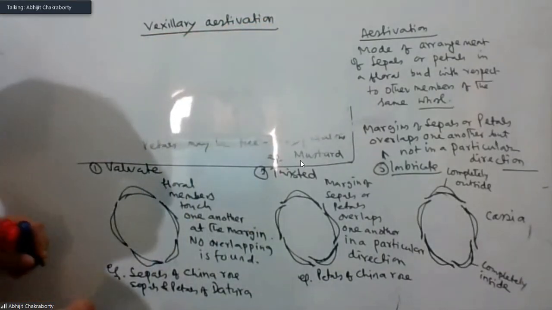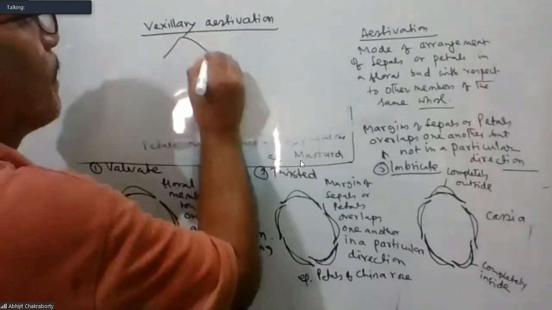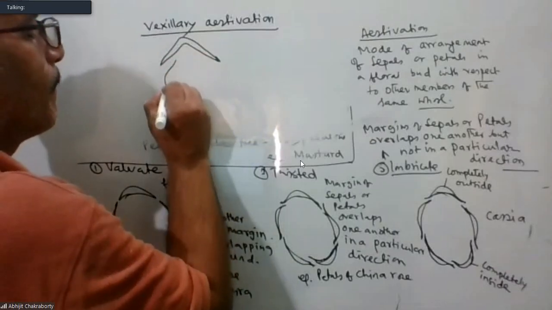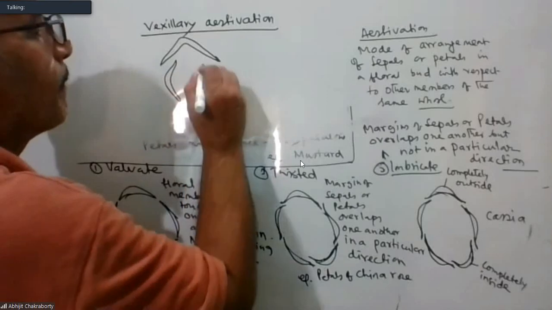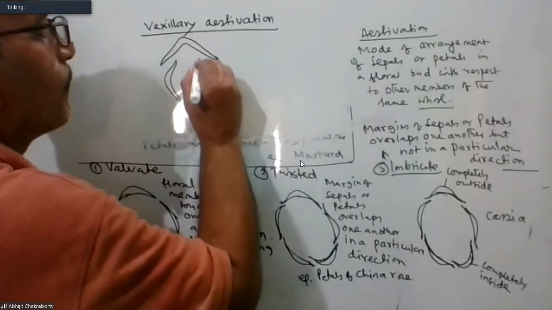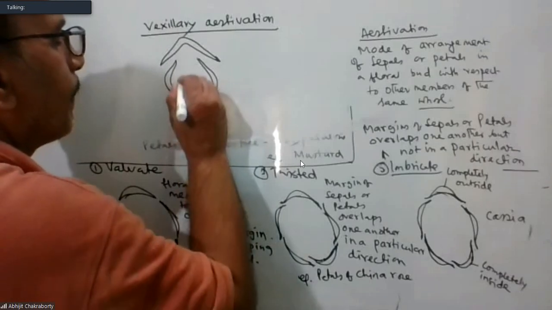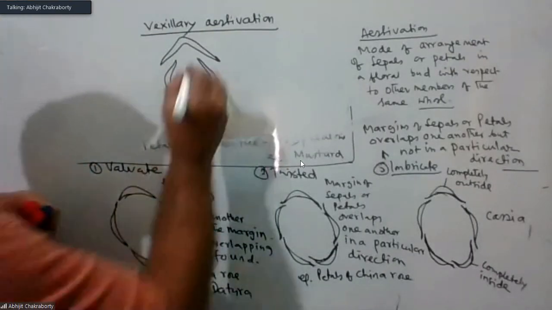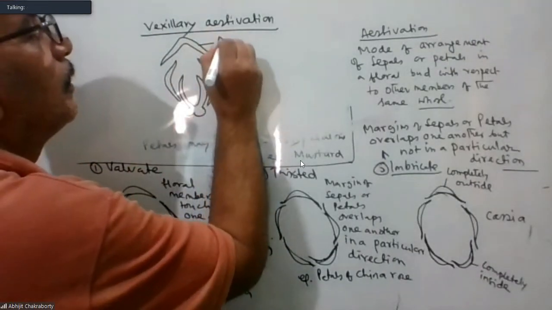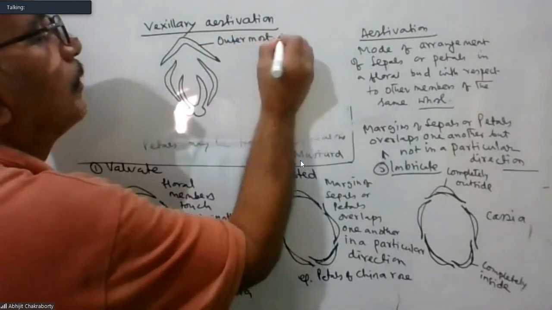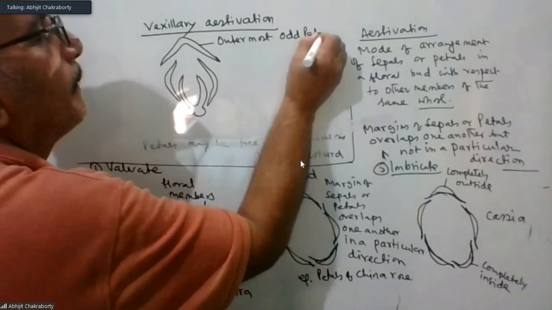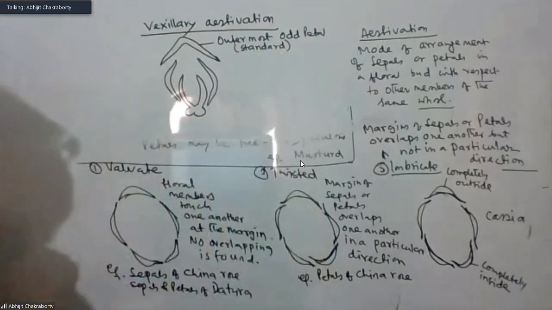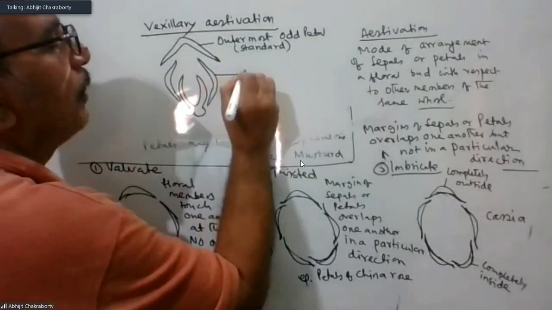In vexillary estivation, you see the odd petal is called the standard. The inner ones are called the wings.